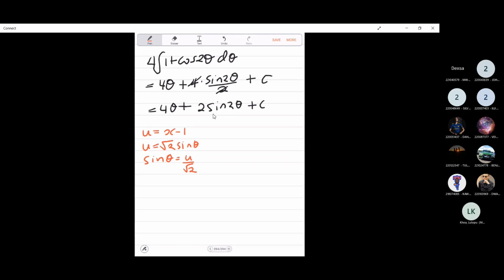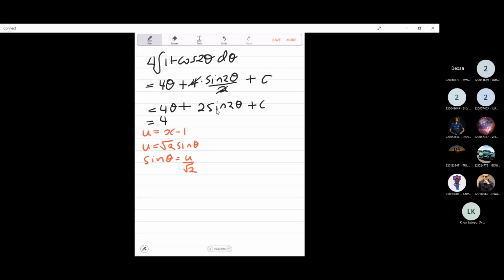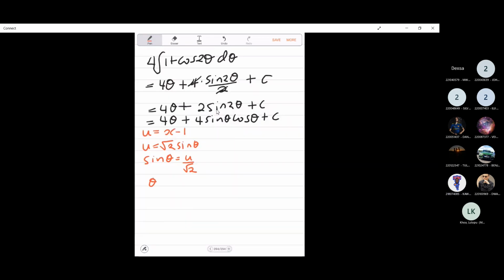And remember that sine 2 theta is 2 sine theta cos theta. So this here is 4 theta plus 4 sine theta cos theta plus my constant. Okay, so continuing with what I substituted, this means that theta is sine inverse of u over the square root of 2, which is just x minus 1 over the square root of 2.